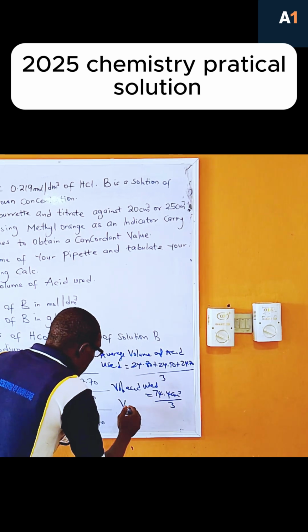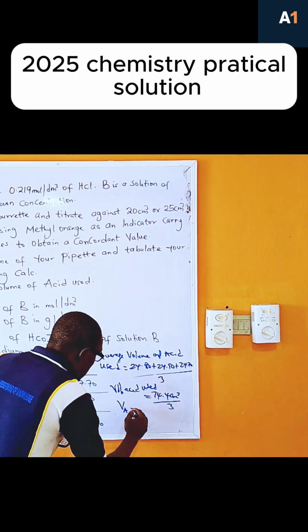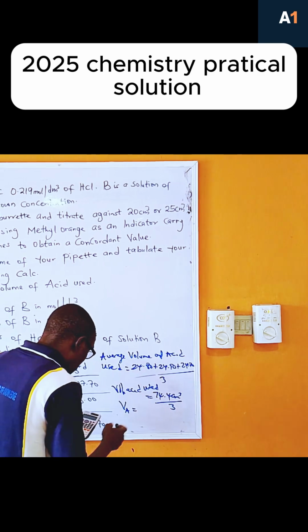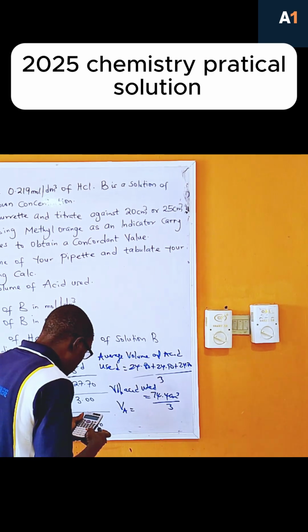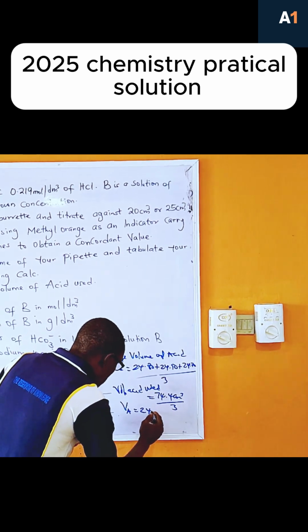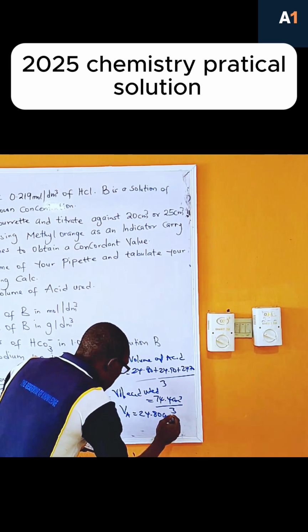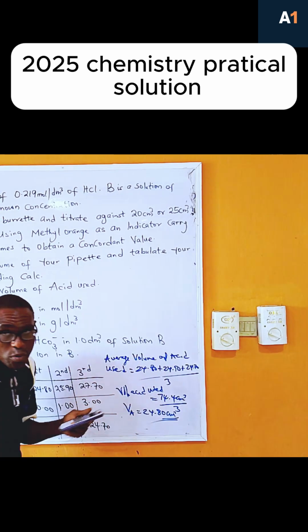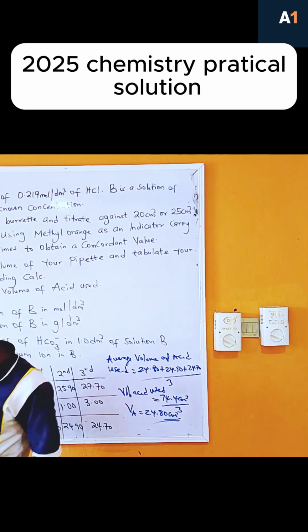So VA is equal to, then you divide it by 3. Dividing it by 3, we have 24.8 centimeter cube. So here, this is the volume of acid used.